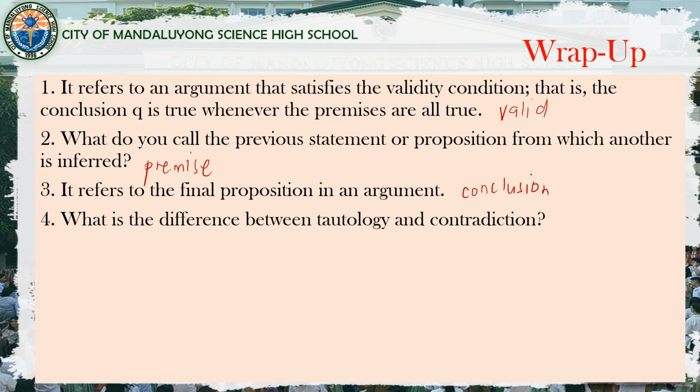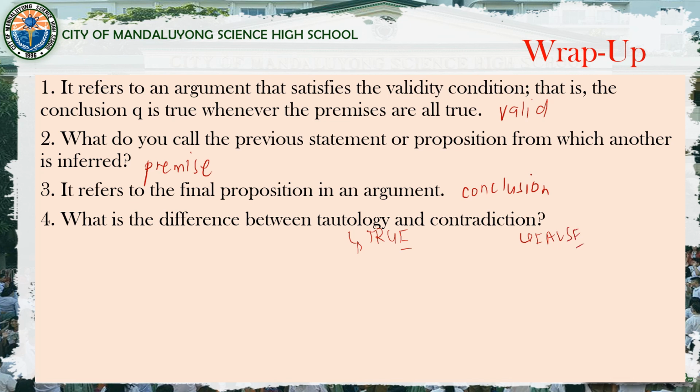Okay, so ang kinaibahan ng tautology sa contradiction, sa tautology, it is a propositional form where every truth assignment satisfies yung P natin. Ibig sabihin, lahat ng entries natin ay true, whereas for our contradiction, this is a propositional form where every truth assignment is false.